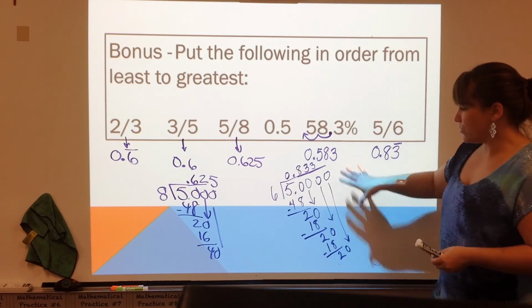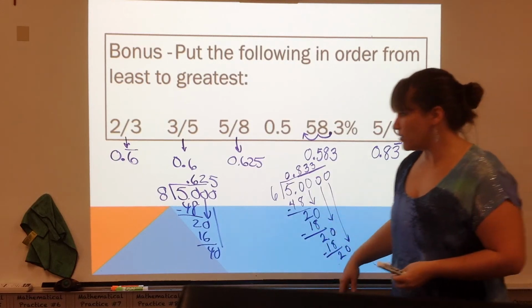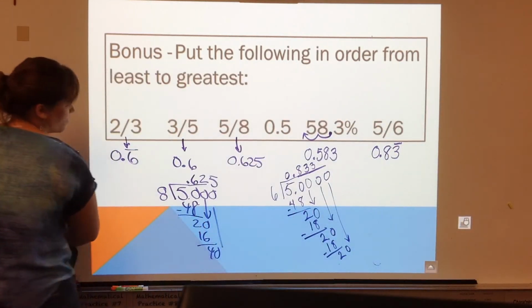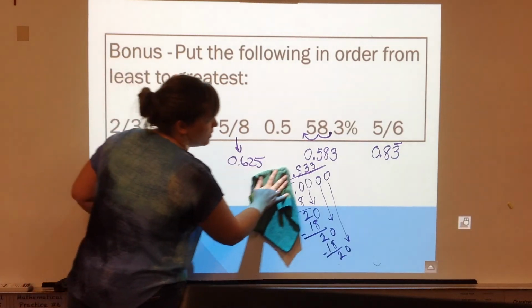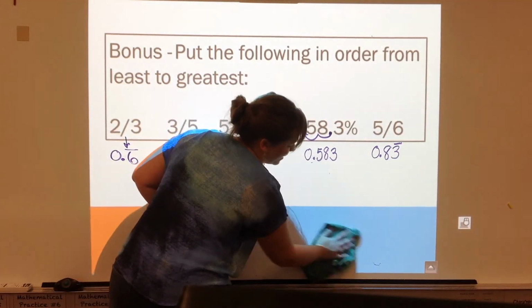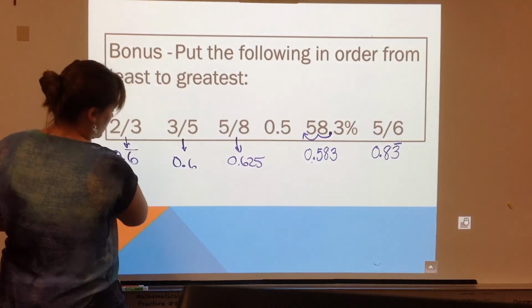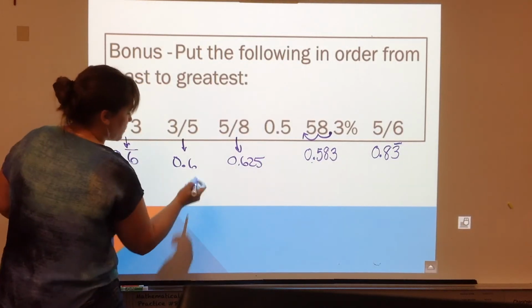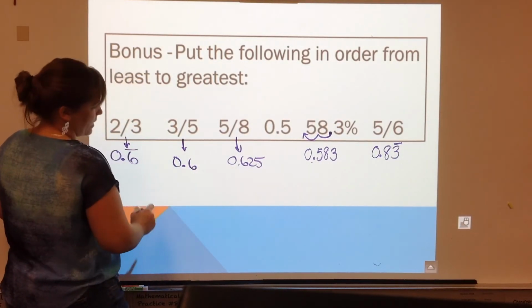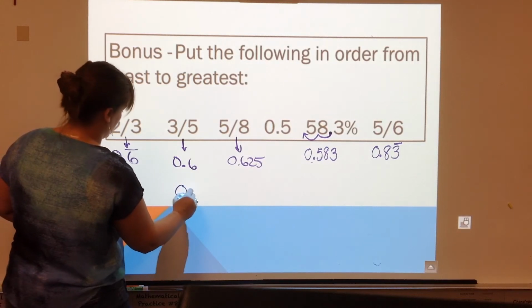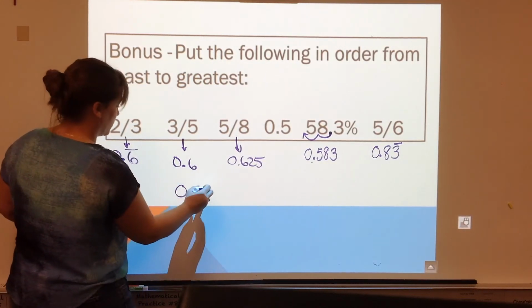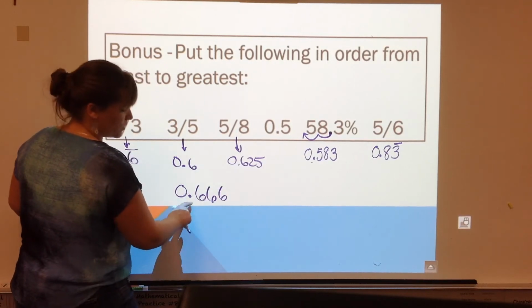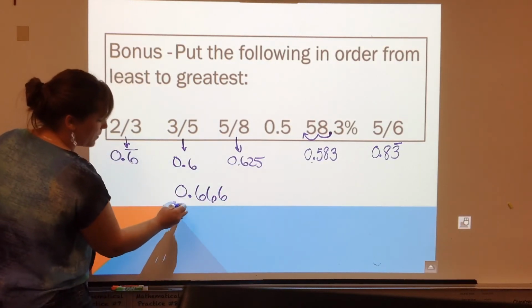I'm actually going to erase my division so I have a little more room to order these so that you can see how to do that. But you do have to divide to find decimal equivalents. You cannot get the denominator to be a 10 or 100 or 1,000. So I have 0.6. Because I have 3 decimal places here, I'm going to go 3 places out with all of my numbers.